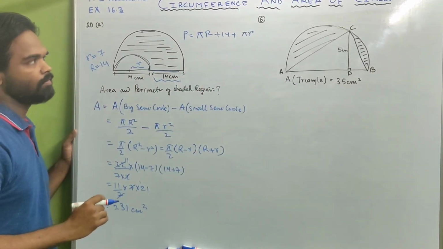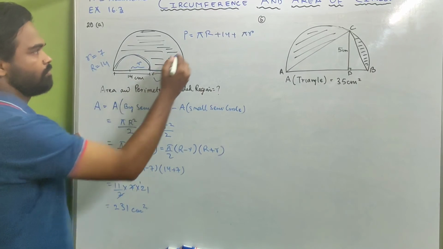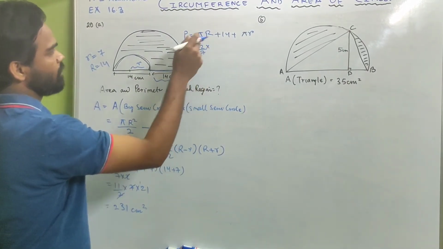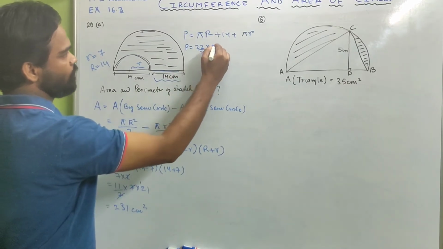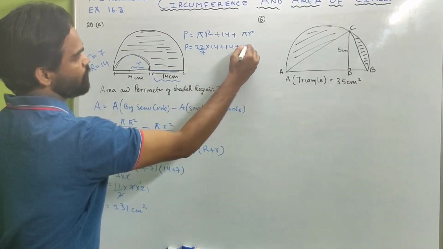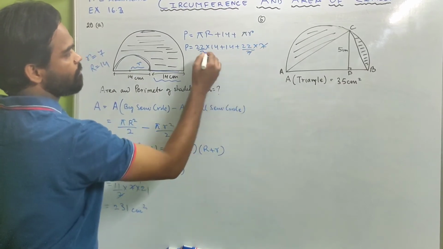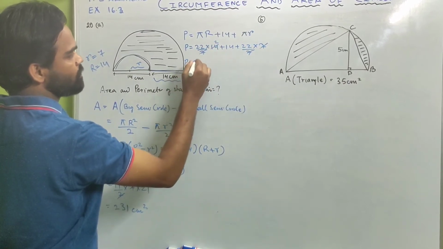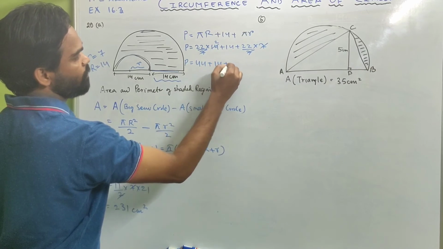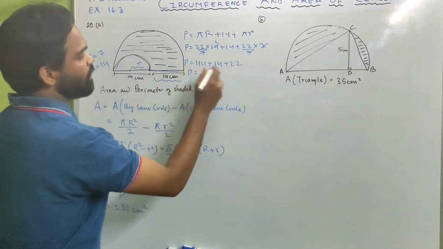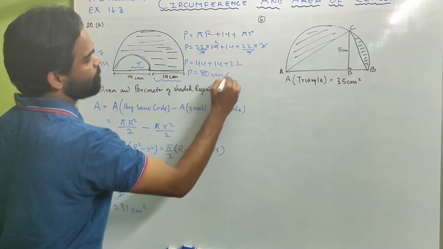Small r means the small radius. So the perimeter is 22 by 7 times the bigger radius 14, plus 14, plus 22 by 7 times the small radius 7. So the perimeter is 44 plus 14 plus 22, so that's 60, 70, that's 80 centimeter.